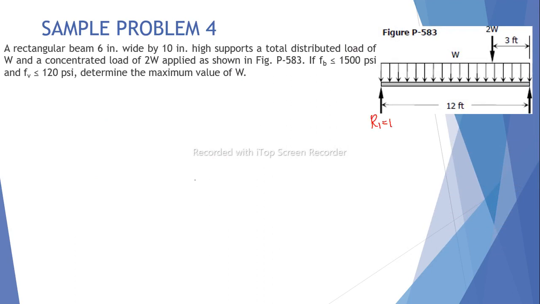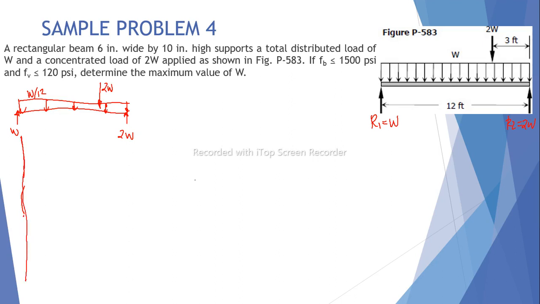We also have the 2W load there, and then a uniformly distributed load of W over 12. So now the shear and moment diagram.